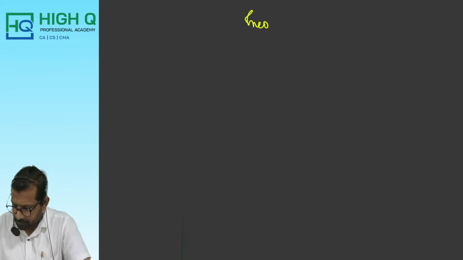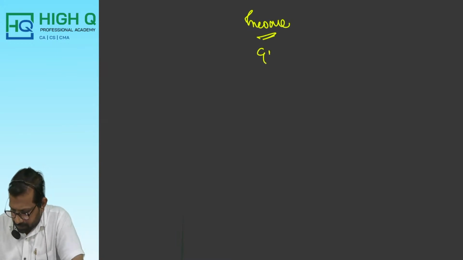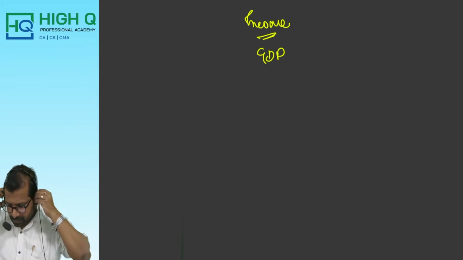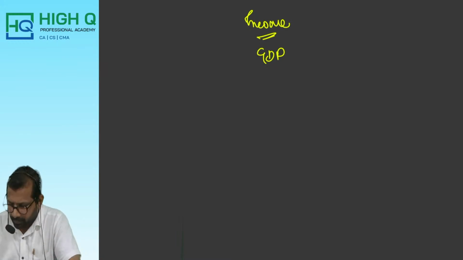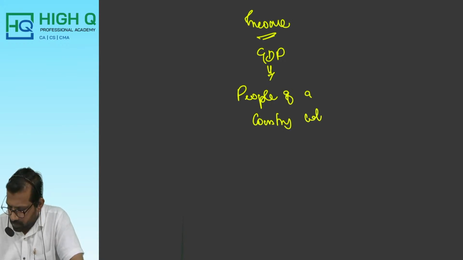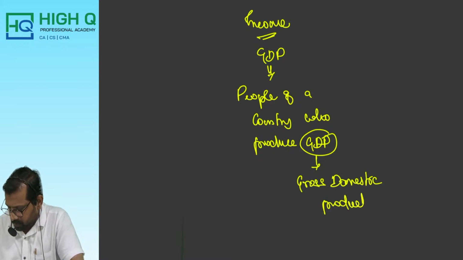Now here the next important point, income method. In income method, one important point to analyze is GDP. GDP is the gross domestic product, produced by the people of a country.